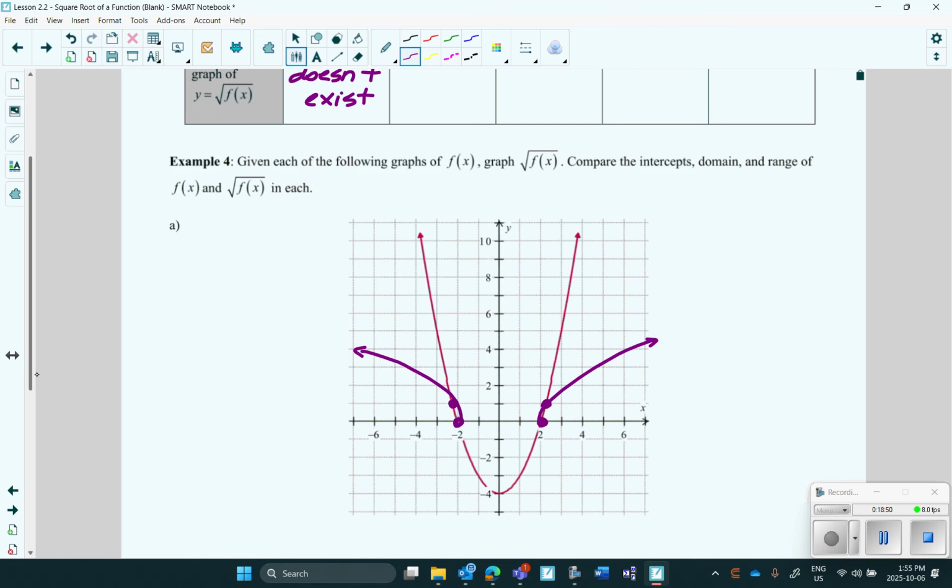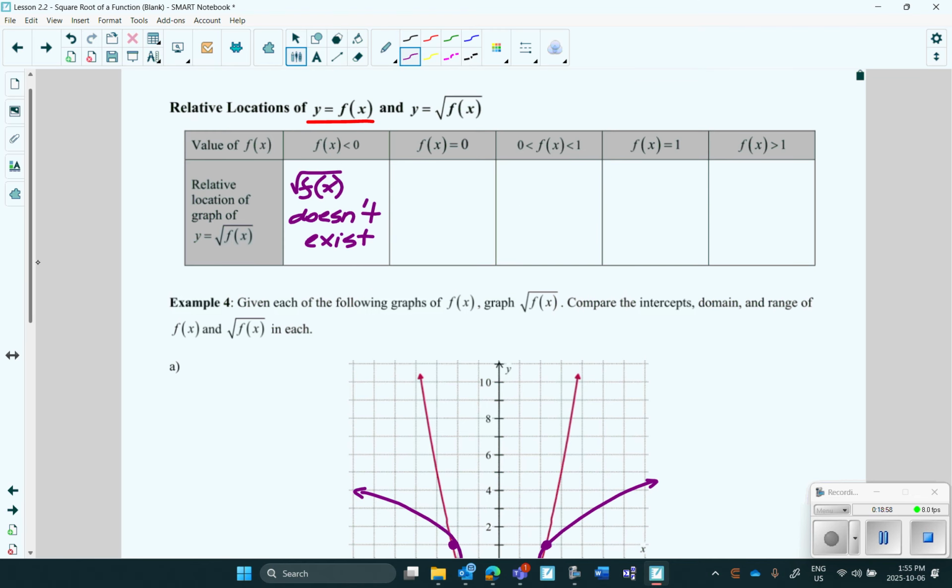So it starts at 0. Anything below 0 doesn't exist. At 0, the square root of y will also be 0. At 1, the square root of 1 will also be 1. Those are the invariant points. These are the invariant points.